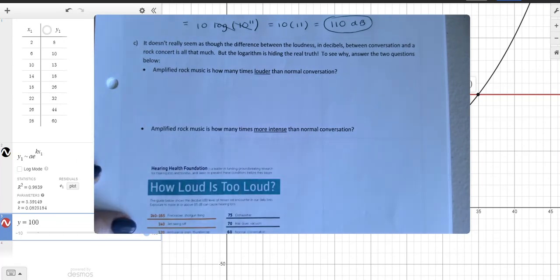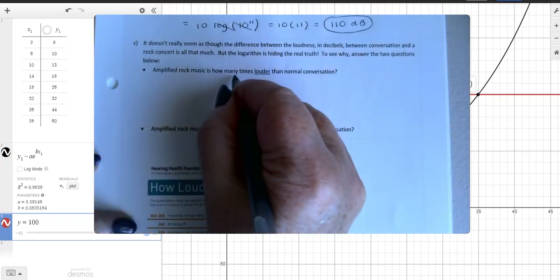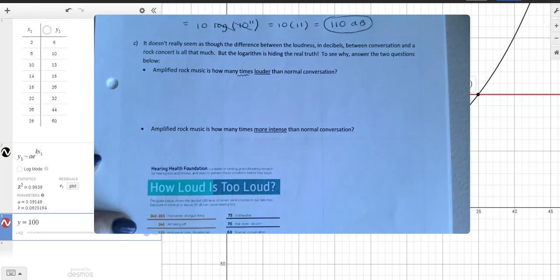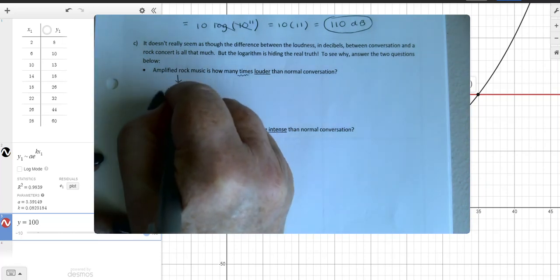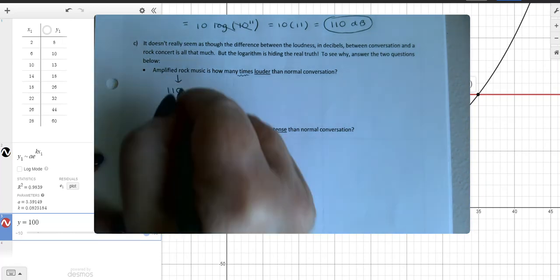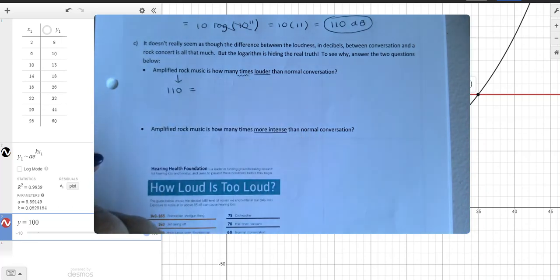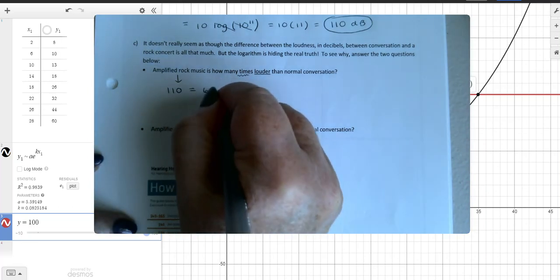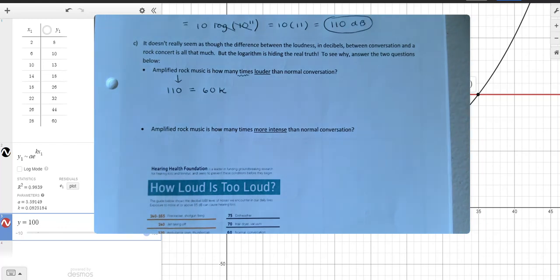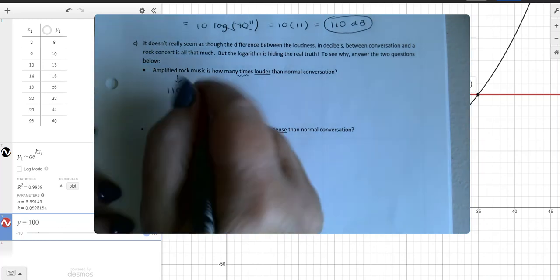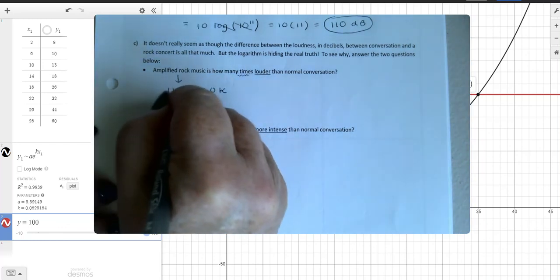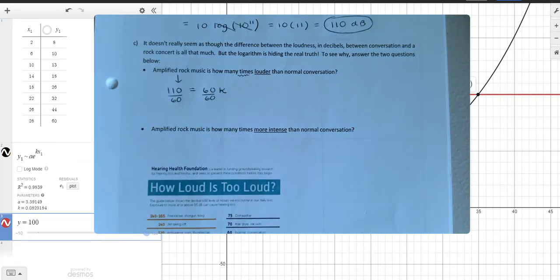Amplified rock music is how many times louder than normal conversation? Well, let's see. The loudness of the rock was 110 decibels. And I want to know that's how many times as loud as the 60 decibel. I'm going to call my multiplier here K. And so if I just divide both sides by 60, it's about 1.83.